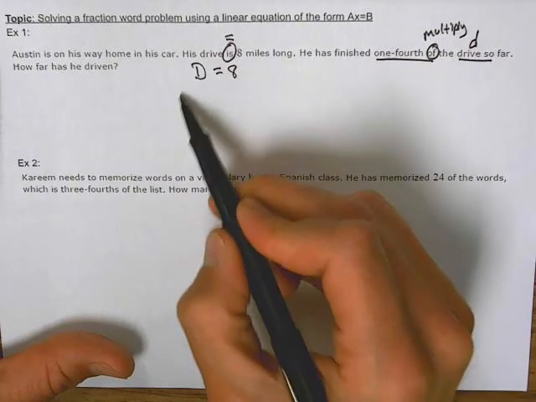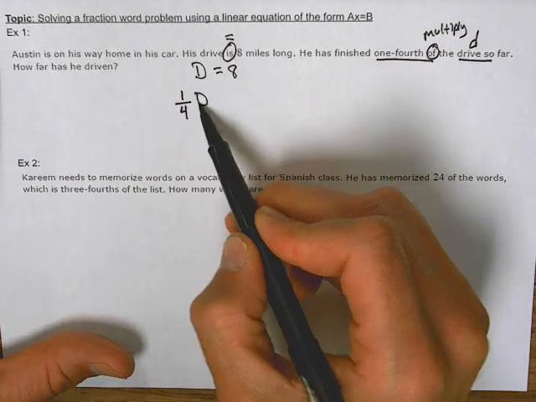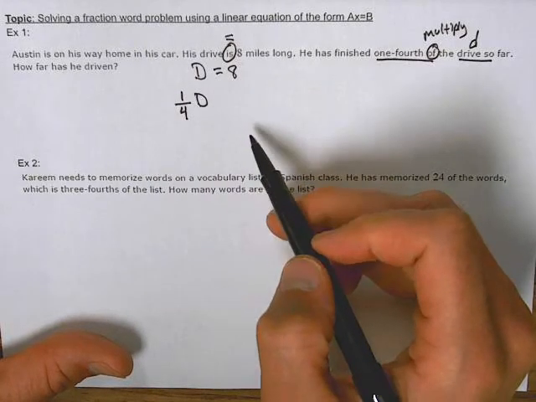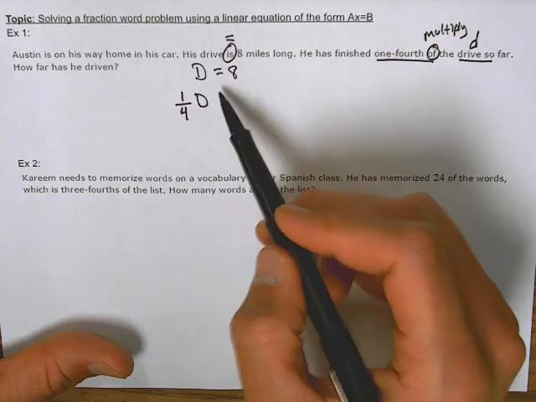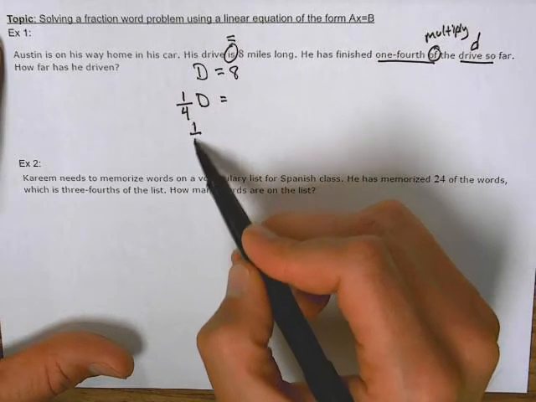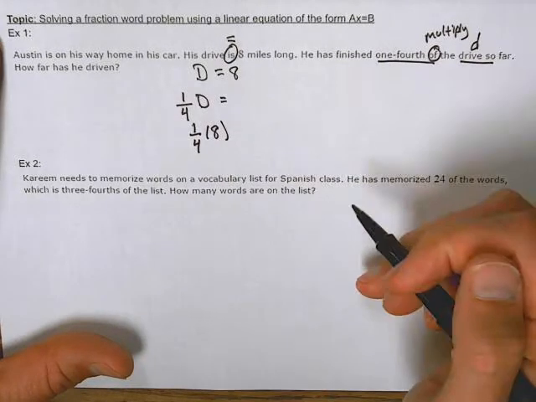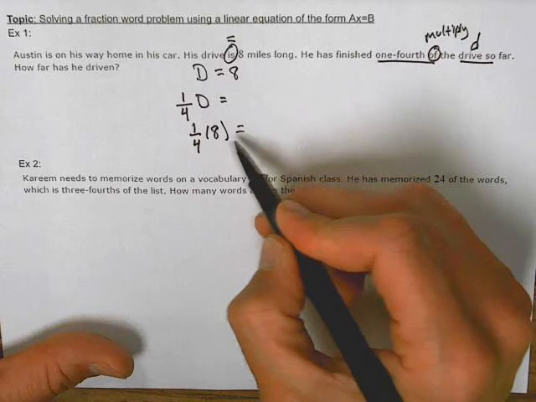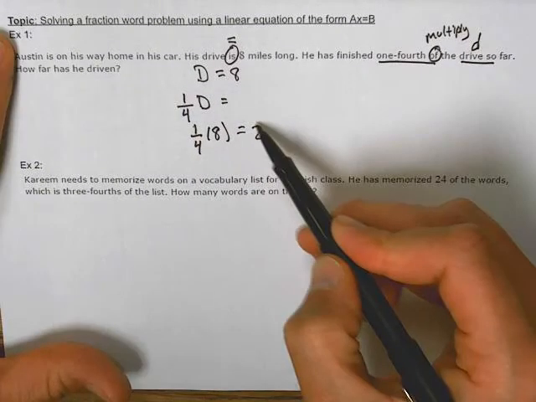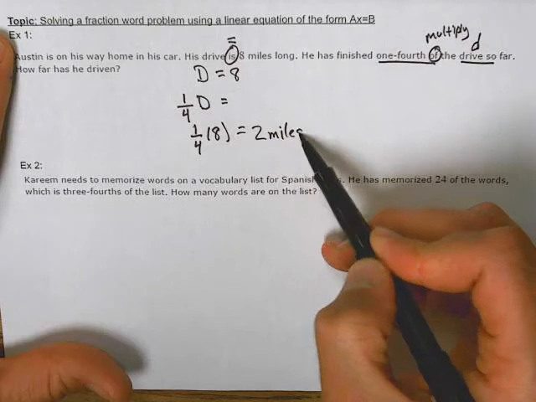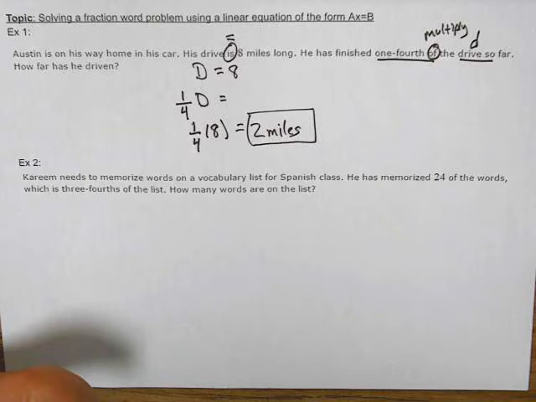So if I take 1/4 of the drive D, that should tell us what we want. But now we know that the drive is 8. So 1/4 of 8 is 2. So how far has he driven? He's driven 2 miles. Right, 1/4 of 8 is 2 miles.